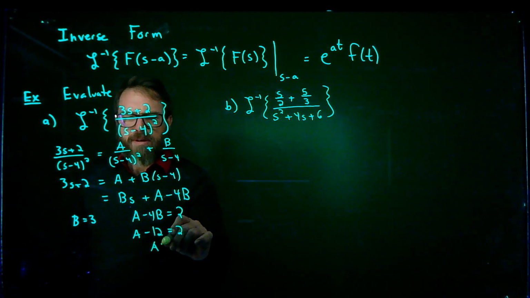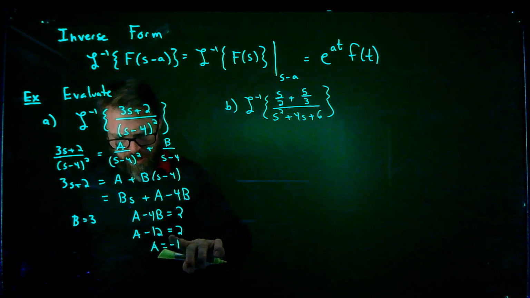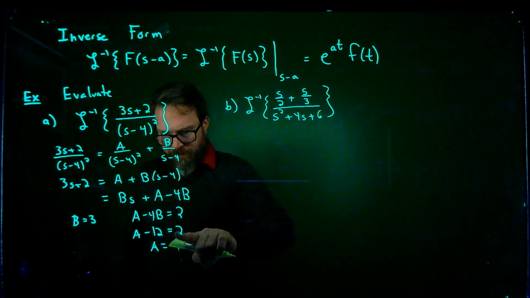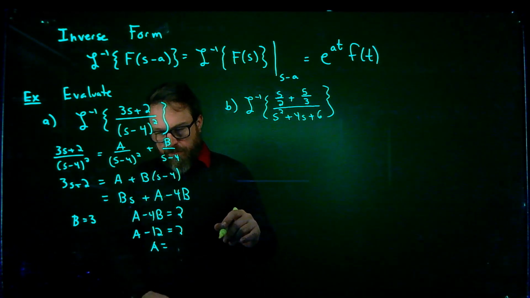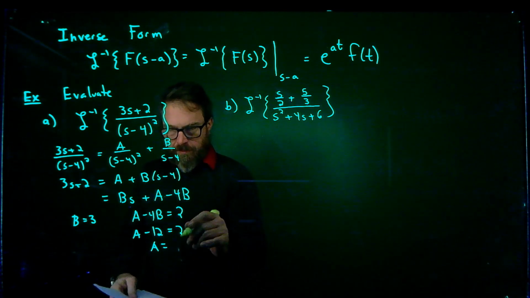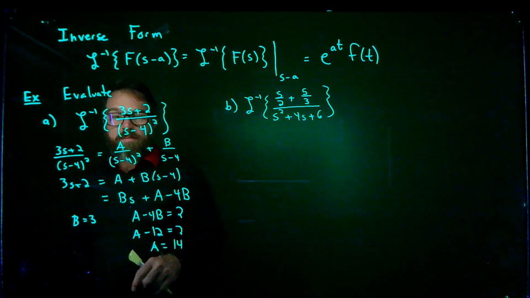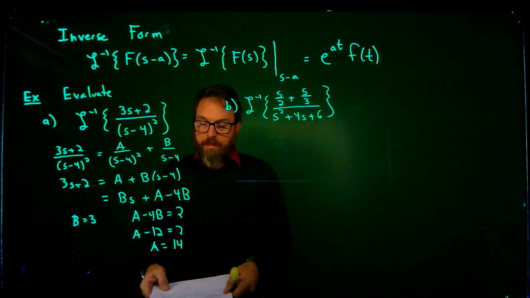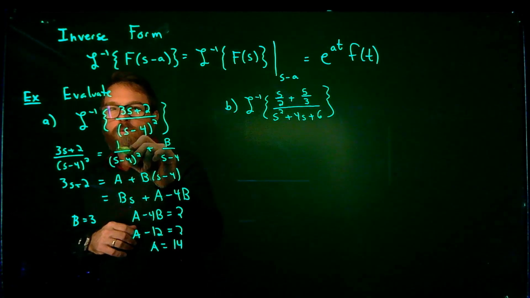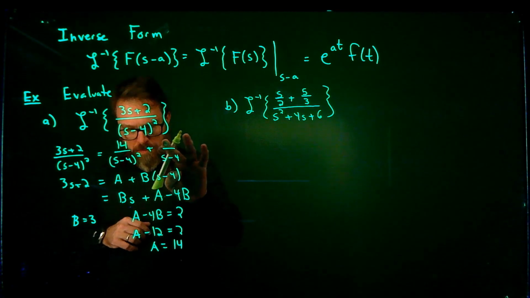So a is going to be equal to 14. All right, so now I know what a is and I know what b is. So let's just rewrite this. a is 14 and b is 3.